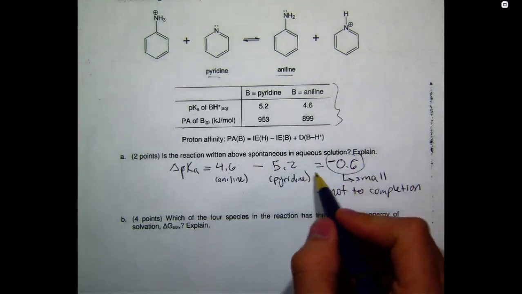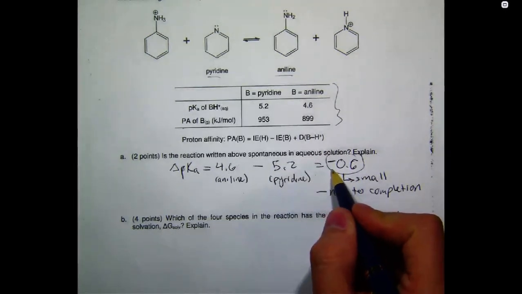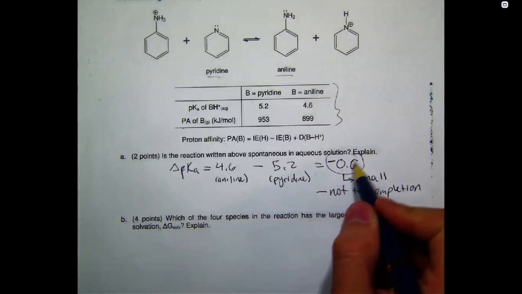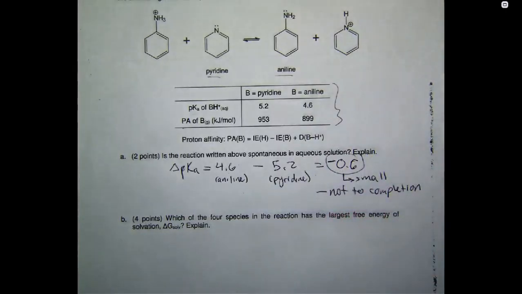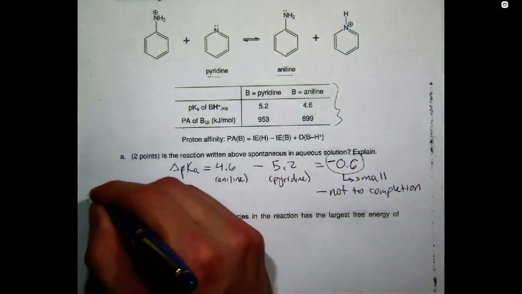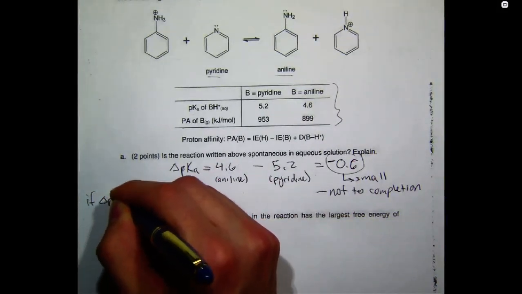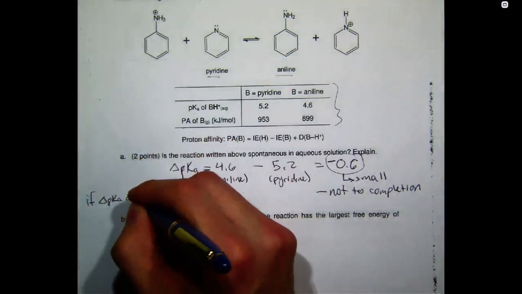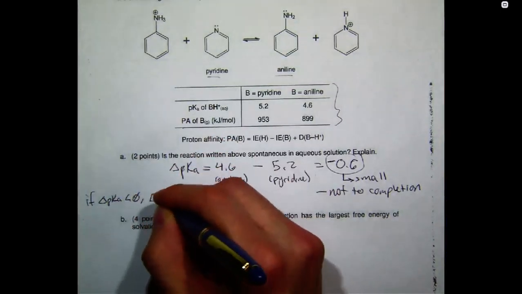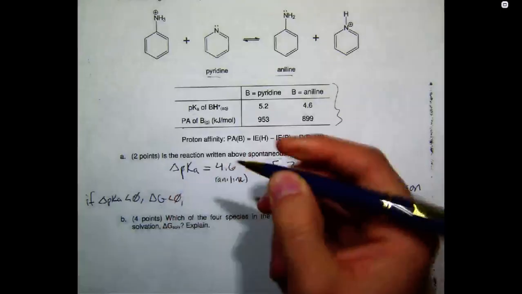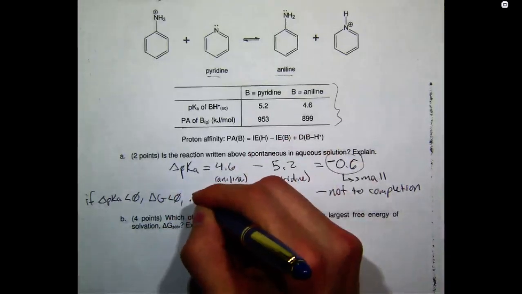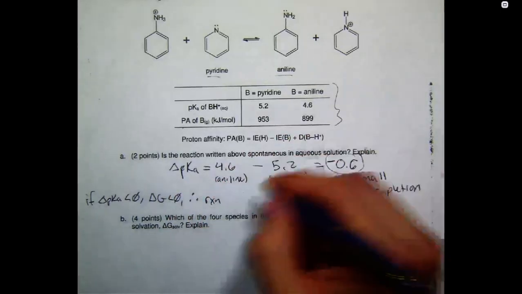So when the delta pKa is negative, it doesn't matter what the magnitude is. If it's negative, then the free energy of the reaction is negative. So if delta pKa is less than 0, delta G is less than 0, therefore the reaction is spontaneous.